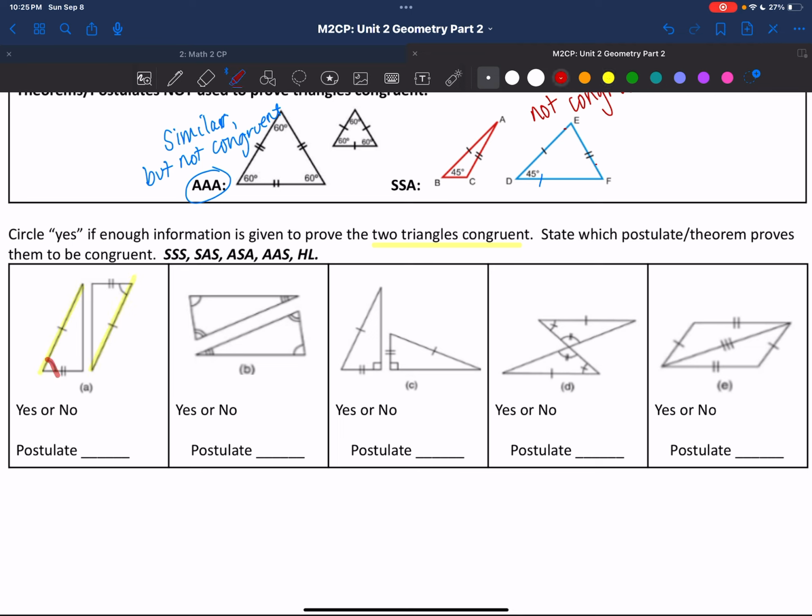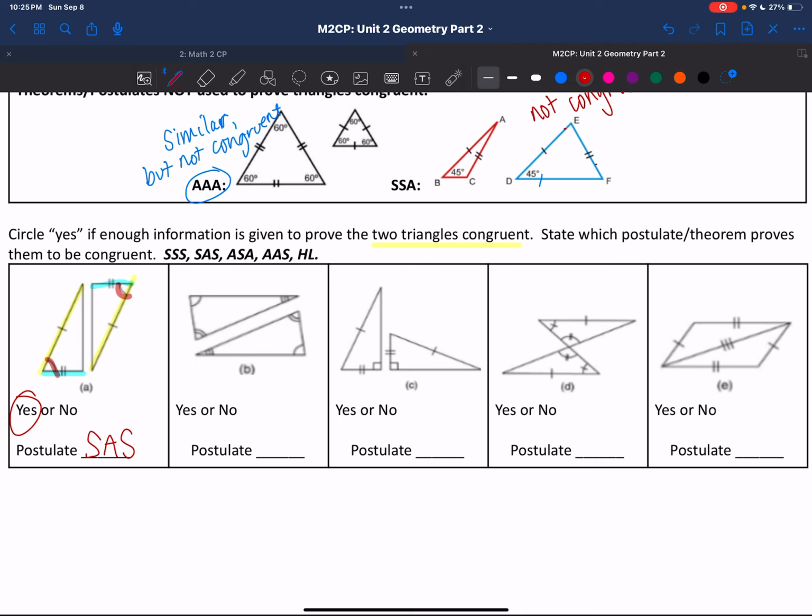I've got an angle and an angle. And then I have side, side. So to me, it looks like this would be a side, angle, side. And that is one of the things that we can use to prove that those are congruent.